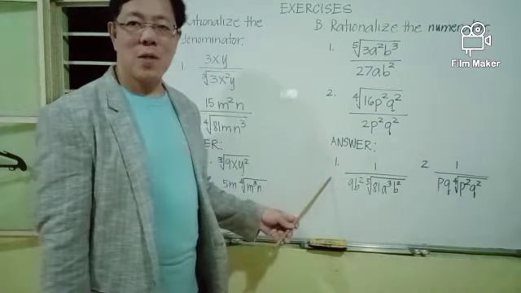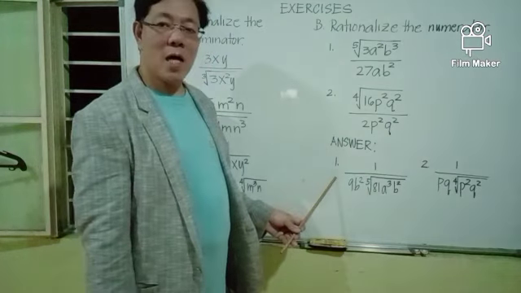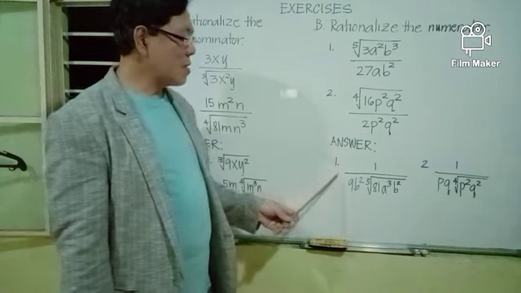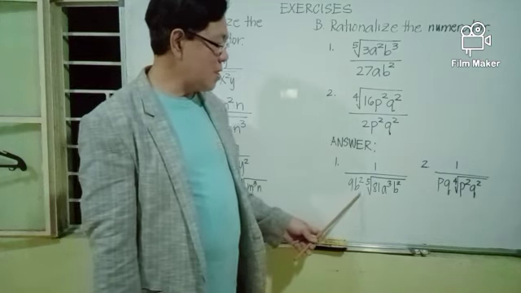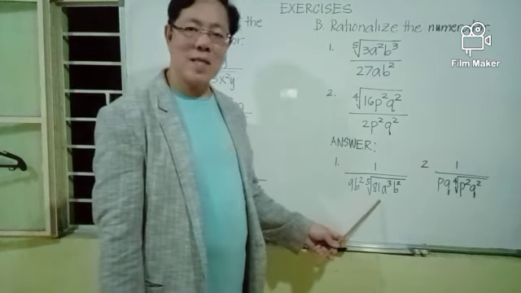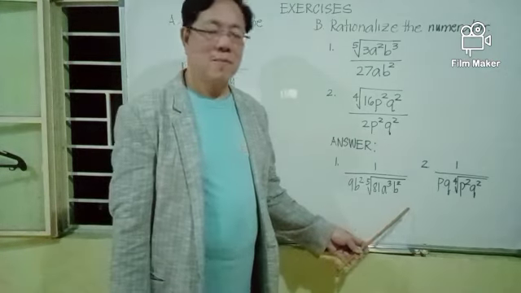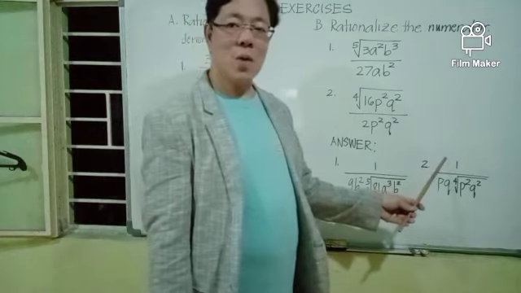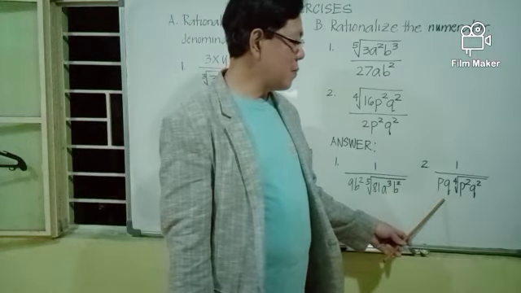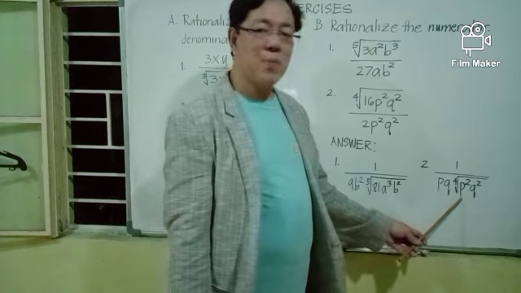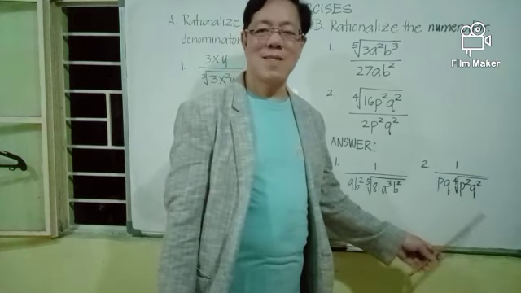Again, for you to check your answers, I give you the answers for this part of the exercise. For number 1, the answer is 1 over 9b squared times the fifth root of 81 multiplied by a cubed b squared. For number 2, the answer is 1 over pq multiplied by the fourth root of p squared q squared.